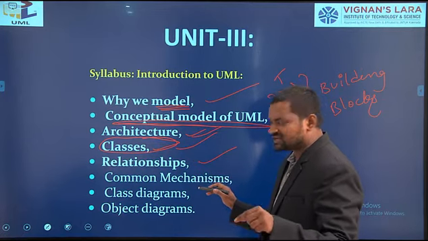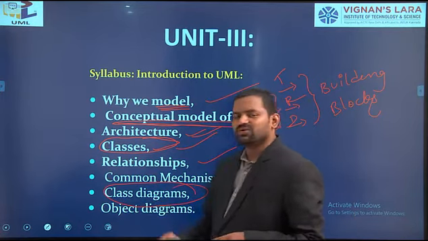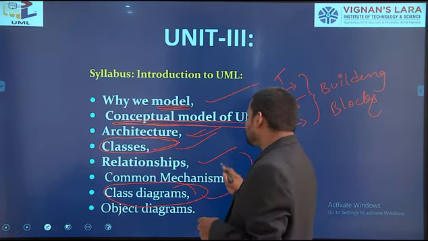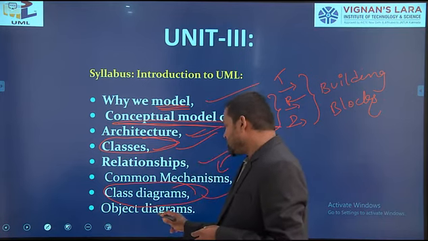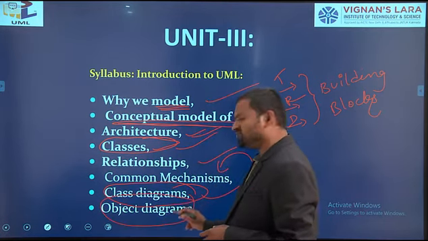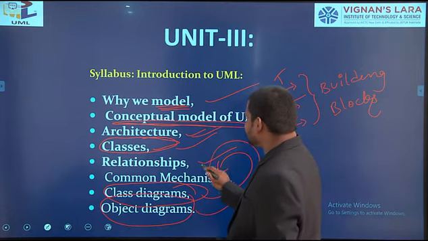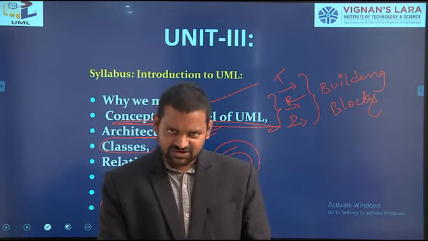Today we are going to see the class diagram. What is a class diagram? What does a class diagram contain? What are the common mechanisms used in it? Next, the object diagram: how do we create an object diagram, and what are the mechanisms for creating it? That is our entire syllabus of the 3rd unit.